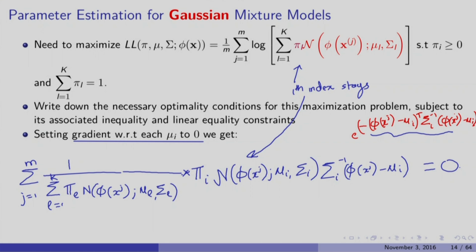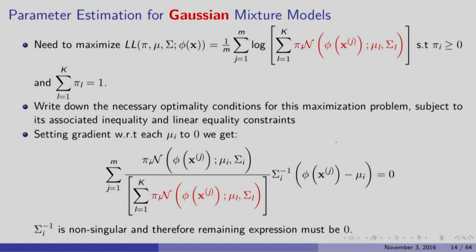This whole thing will need to go to 0. So the first thing we note hereafter is that the sigma_i inverse can actually come out all the way. It is because index i does not depend on the example. Then we note that in this expression involving a matrix sigma_i inverse with some vector b, the sigma_i inverse is non-singular, and so what we require therefore is the remaining expression, the vector b, to go to 0.